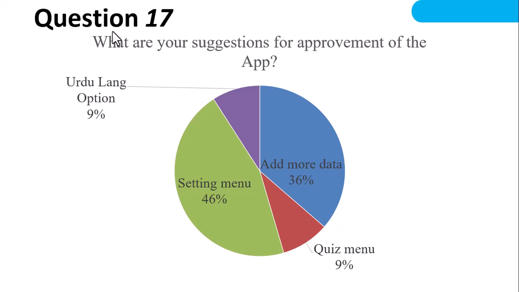There is no setting button that we can use to set the sound of the application, like switch on, switch off. One also said there should be an Urdu language option, and one also said a quiz menu, and most of the people said there should be more data and one setting button and menu.